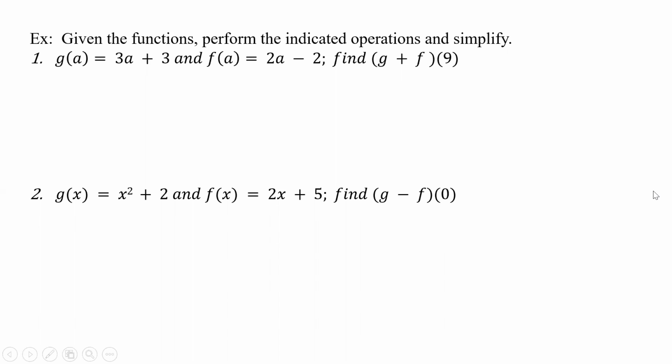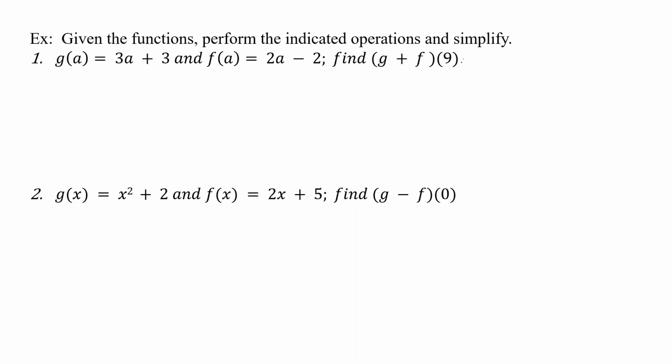All right, so let's first start with adding and subtracting functions. So we're given the functions and we're supposed to find the indicated operations. So we have g(a) equal to 3a plus 3, and f(a) equal to 2a minus 2. We're supposed to find (g + f)(9).